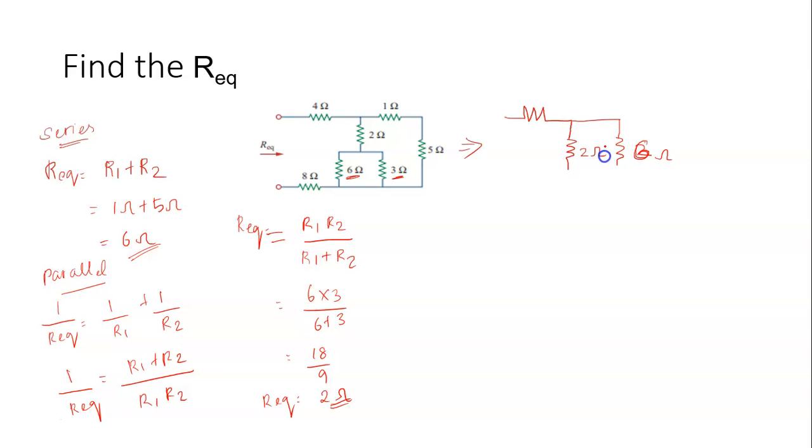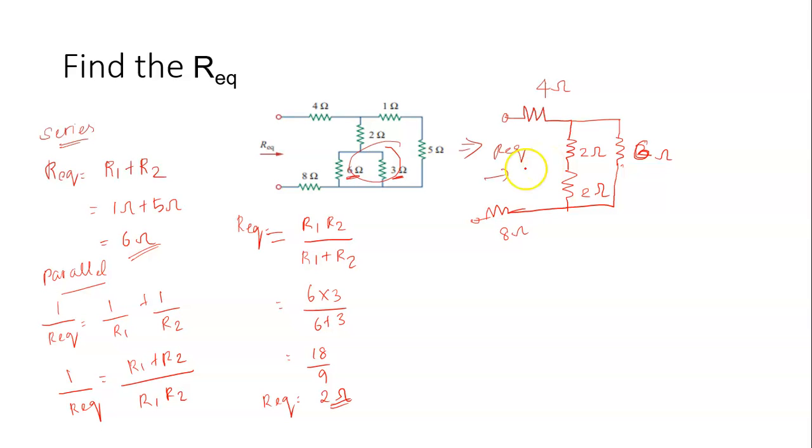This is the existing 2 ohm. This is 4 ohm. These together form another 2 ohm. And here another 8 ohm. We need to find R equivalent. So this circuit is redrawn as this particular part.